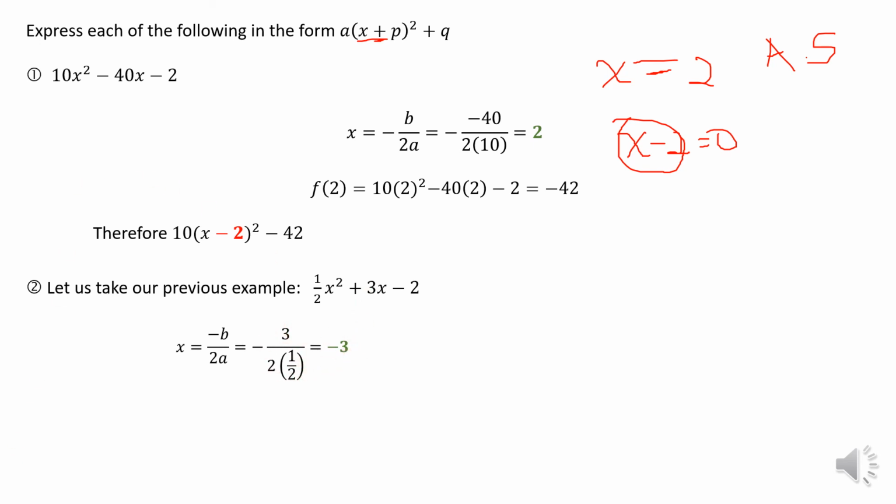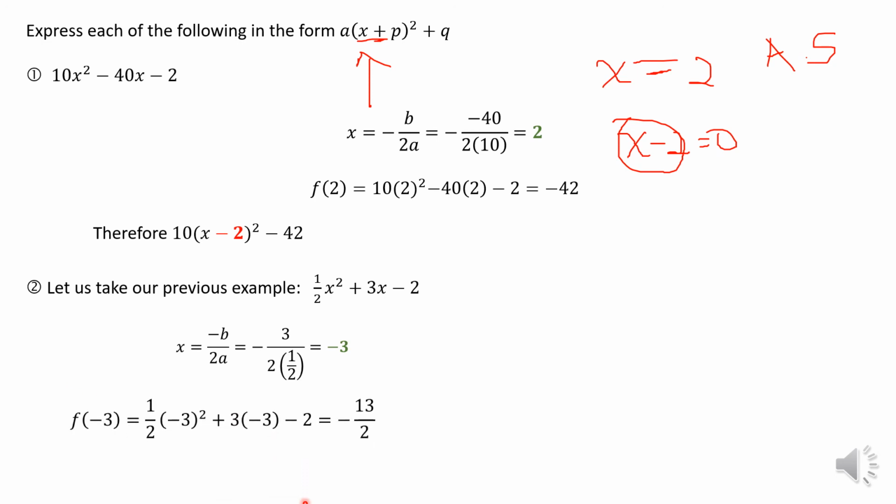So again, what I expect inside is x plus 3, because it is the opposite sign. Whatever the sign is, if I am putting it back in here, it's going to be the opposite of that. That's the only catch you have to remember whenever you are dealing with this particular equation.